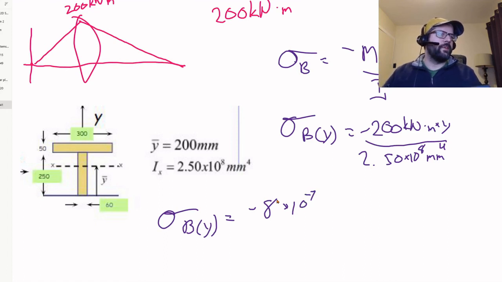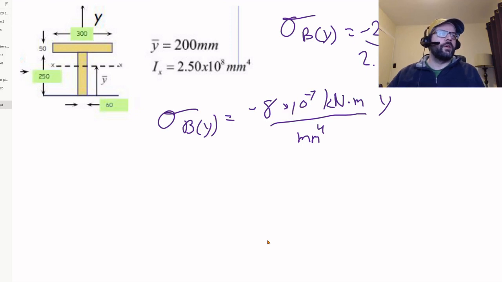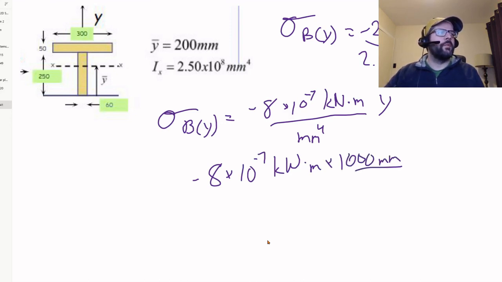And what's our units here? Kilonewton meters per millimeter to the fourth times y. So I'm going to want to put everything there in terms of millimeters, because our y measurement is going to be in millimeters too. So we multiply this value by kilonewton meters times 1,000 millimeters per meter.